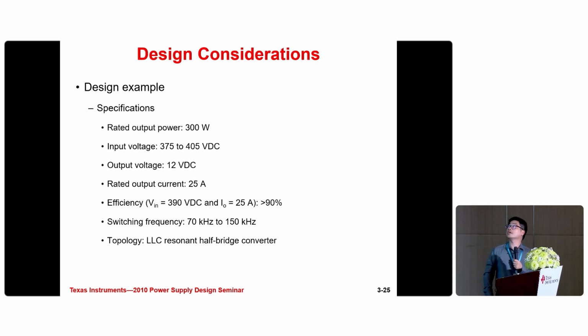And now I will give a design example. Here are the specifications, and we can see that we want to keep the switch frequency in the range of 16 kilohertz to 115 kilohertz.